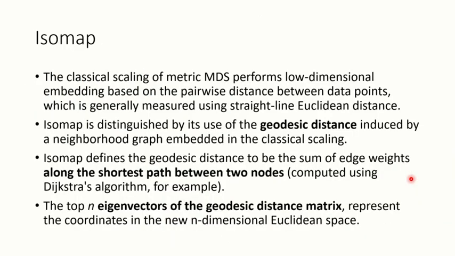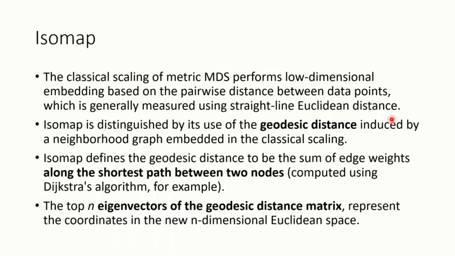So Isomap at its core is MDS. The only difference is the pairwise distance between data points. The conventional or standard MDS uses straight line Euclidean distance. You just measure Euclidean distance and build a distance matrix. Remember the map between different cities, where you have a travel distance from one city to another.